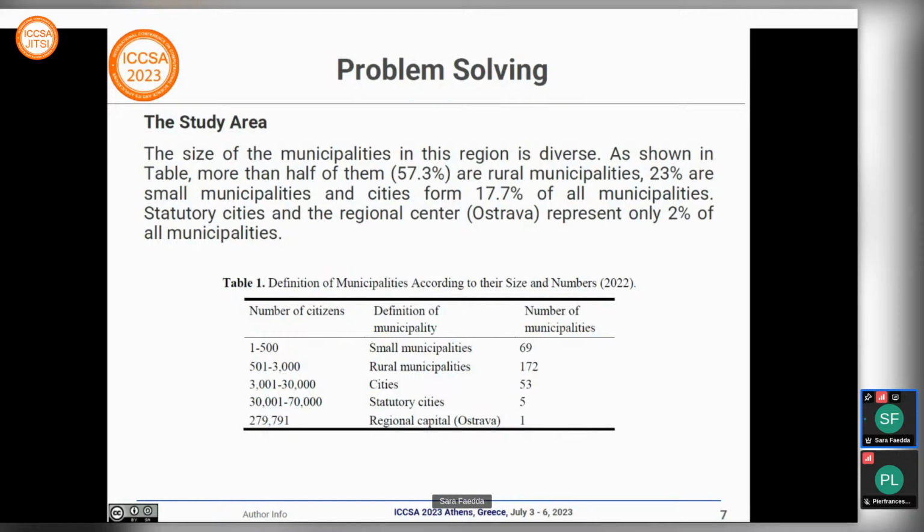Then so-called rural municipalities, according to law, this division, 2 or 3,000 citizens, it is about 170. Then cities, so till 30,000. So there are 53 statutory cities. There are 5, and just 70,000, and one regional capital, which is Ostrava, is only one, of course.